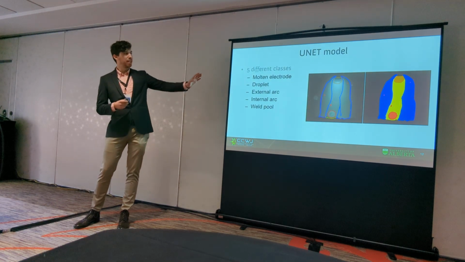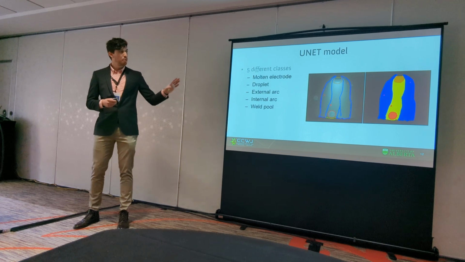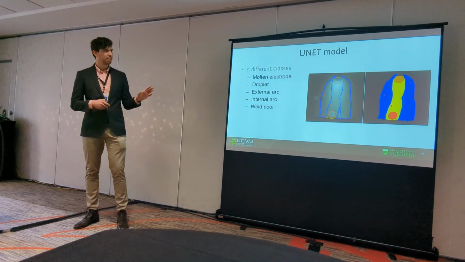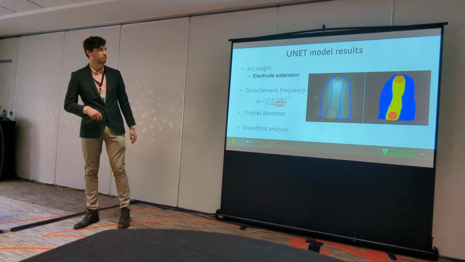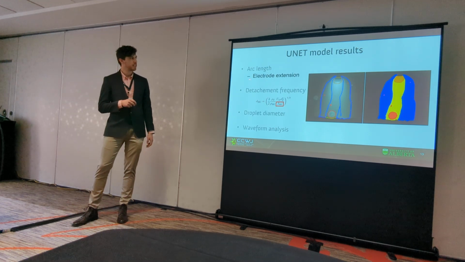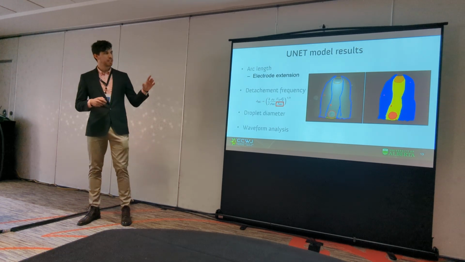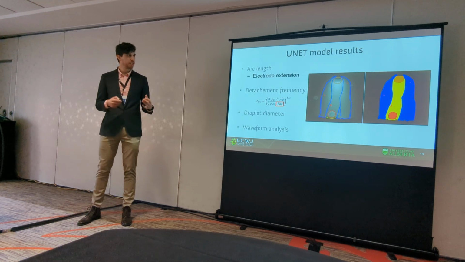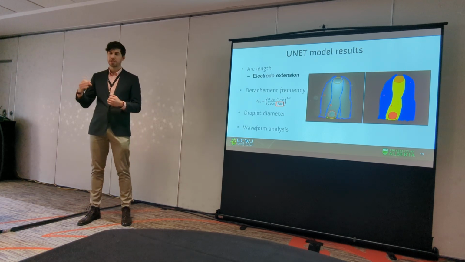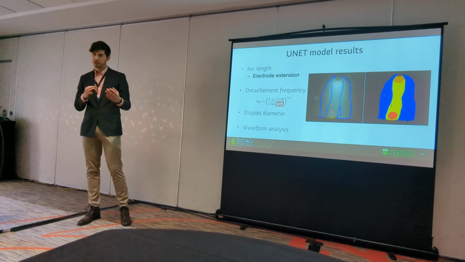So we took these images, we trained this model, and then this model is telling us many interesting things. So what it can tell us first is the arc length. It's going to tell us exactly, or however we define the arc length, the attachment point. It's going to tell us how the arc is going to change regarding the waveform, for example.